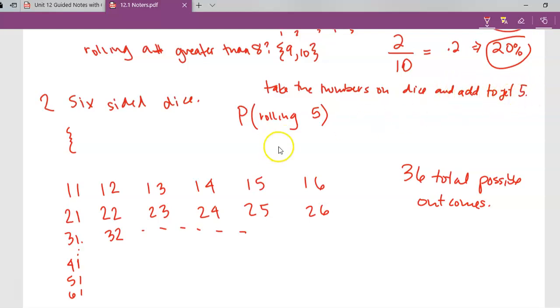Okay, if you take the face value of each of the dice and add them together and we get a 5. Okay, so 1 and 1, if I add those together, that's going to give me 2. So that one would not be in what it's asking the probability of. 1 plus 2 is 3, so that one would not. 1 plus 3 is 4, so that one would not. Okay, that one would be one of our outcomes that adds to 5 if I add the numbers together. Okay, so I'm going through and finding all the ones that add to 5.